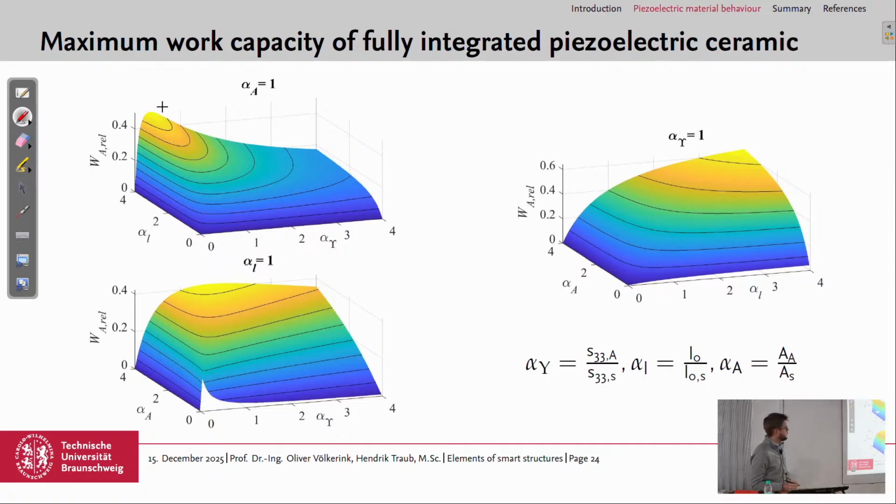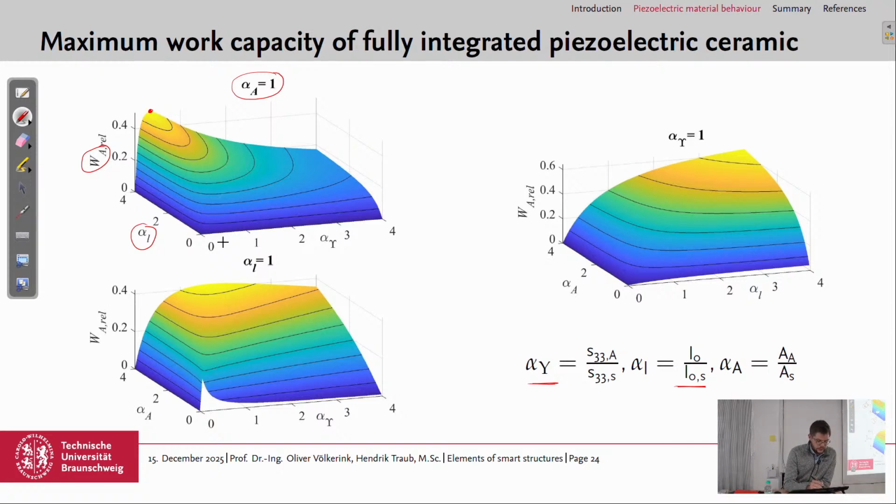I think they are a bit small in the projection, but we have here WA, so the maximum work capacity, and here we say that alpha A is 1, so same cross section of the actuator and the structure, and then we vary alpha L for the length and alpha epsilon for the stiffnesses, and we can see that we have here a maximum of work capacity when we have a length ratio of 4.